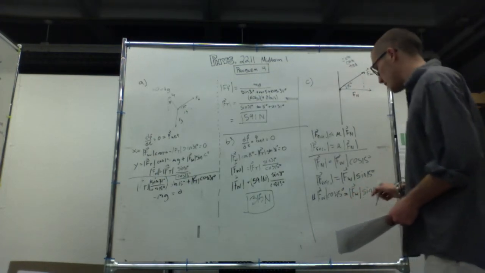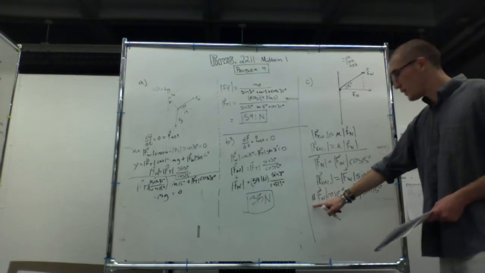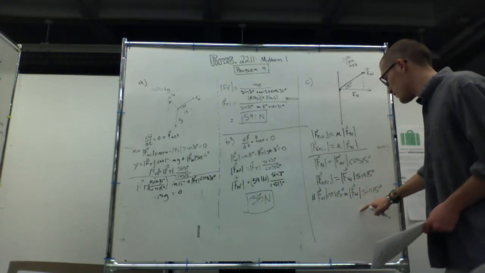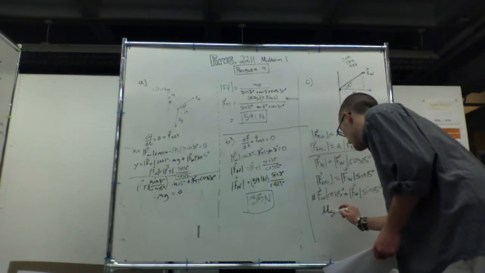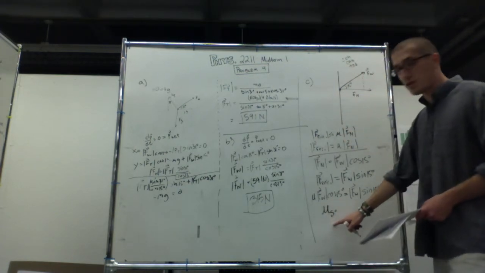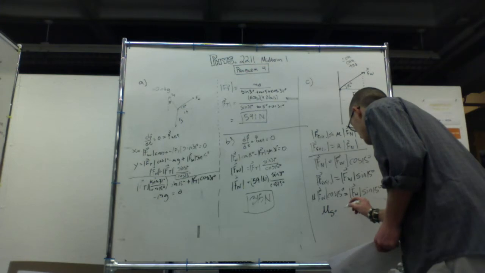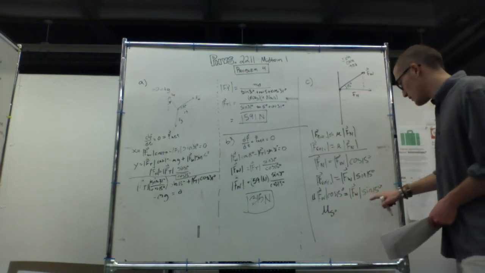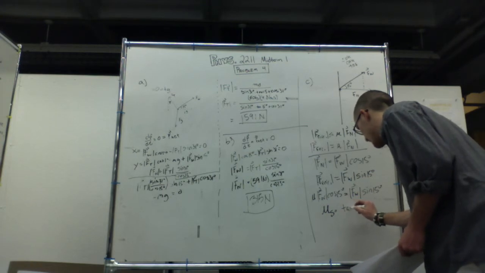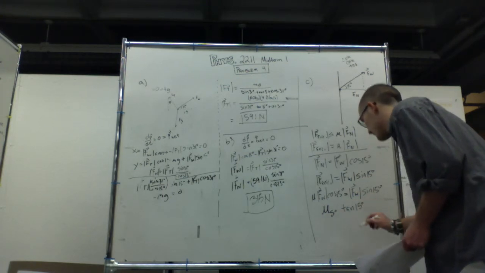So finally, you're going to solve for mu here and bring this over to the other side. So you know that mu_s, or the static coefficient of friction, is equal to the sine of 15 degrees divided by the cosine of 15 degrees. So that's essentially the tangent of 15 degrees.